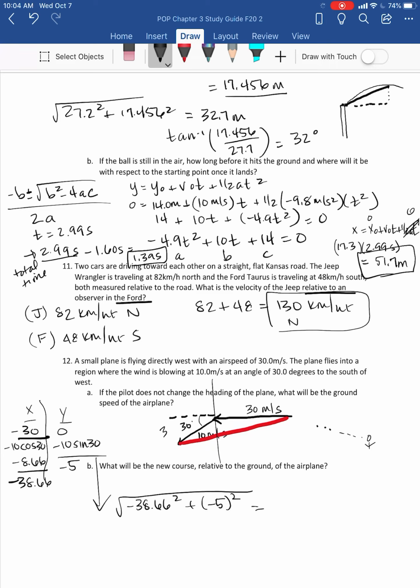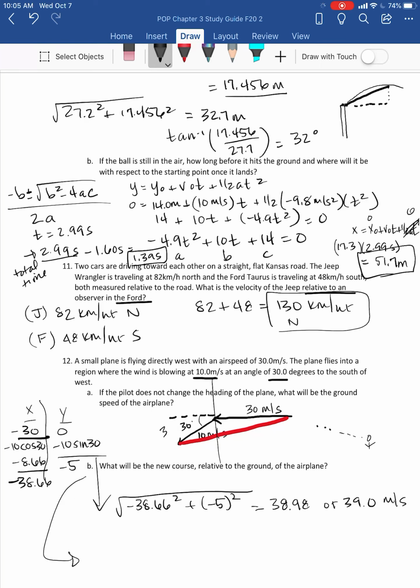Do the square root of that, and you get basically 38.98, or because of significant figures, see how these two numbers are 3 significant figures, so you would have to do 39.0 for that.